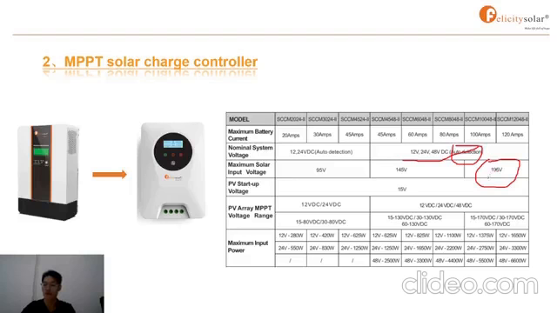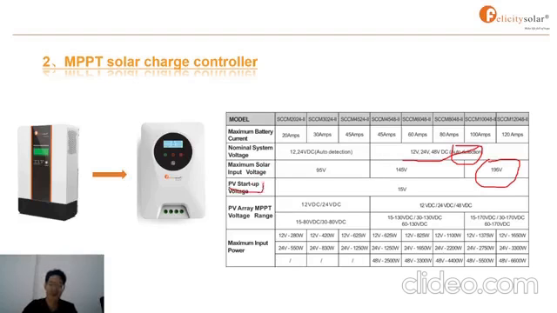So which means that you can connect about 5, and maybe you can connect 4 parallel, 4 in series.